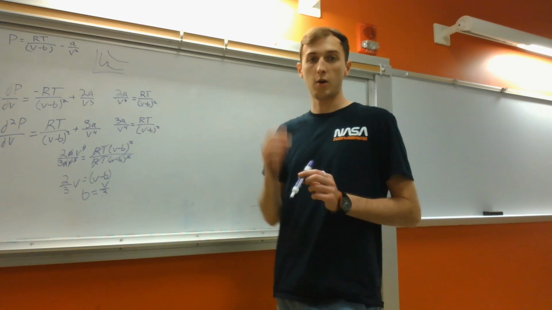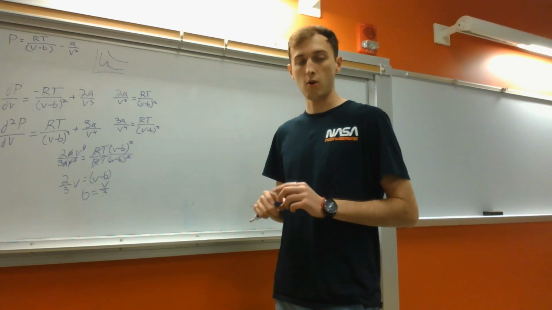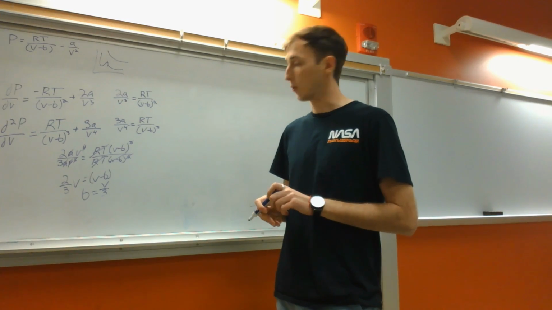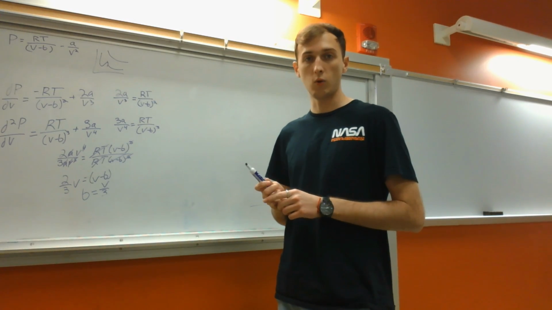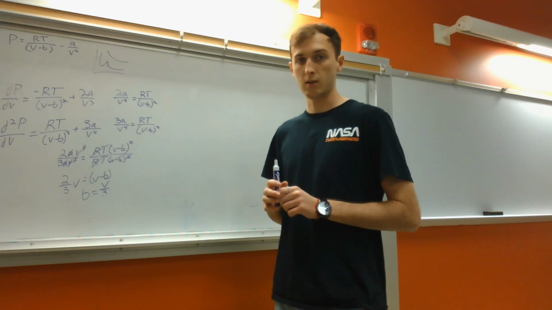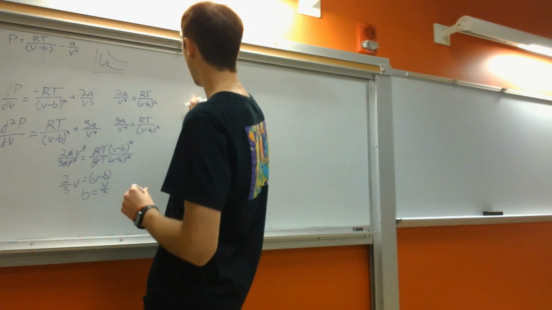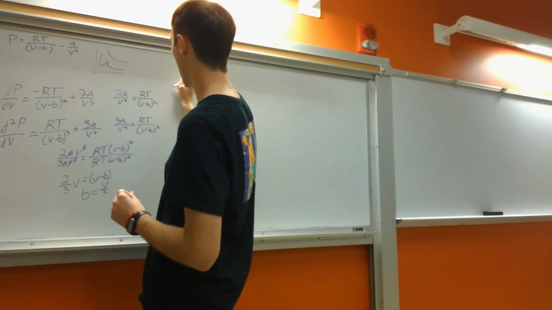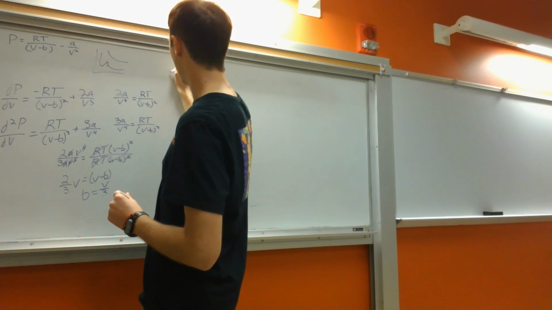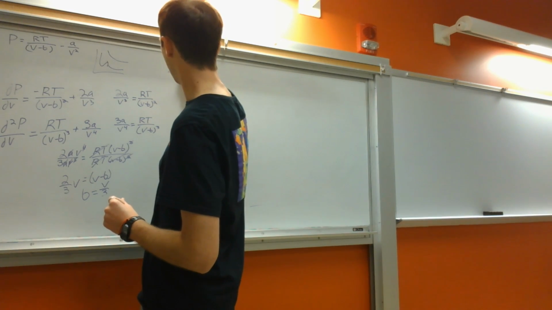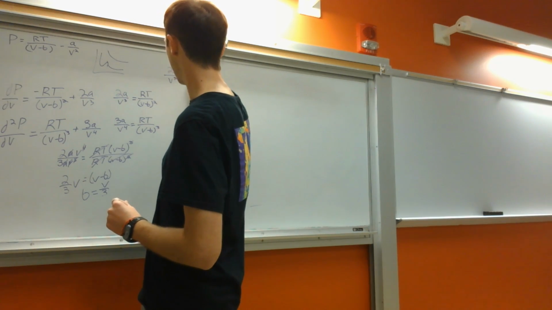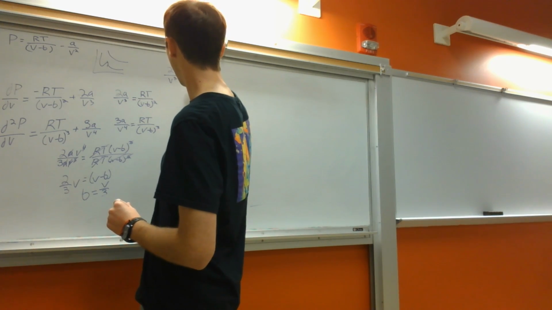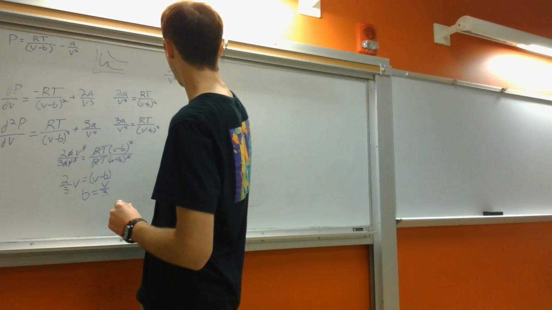Okay, so now what we're going to do is take what we have gained so far and use it to solve for A. We're going to take this B is equal to V over 3 and plug it back into our first derivative. That's going to give us 2A over V cubed is equal to RT over 2/3 V squared.